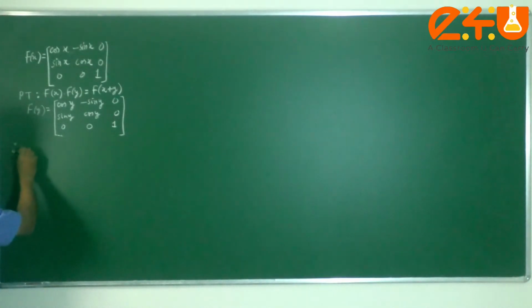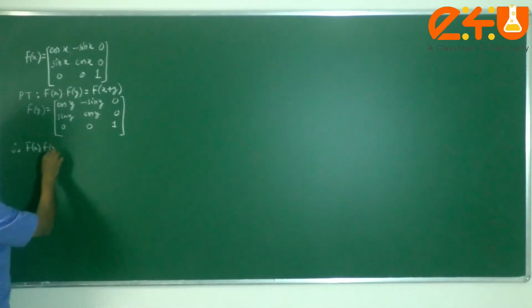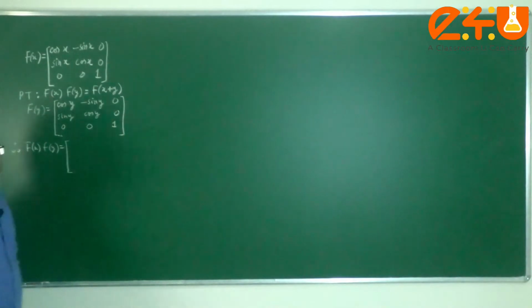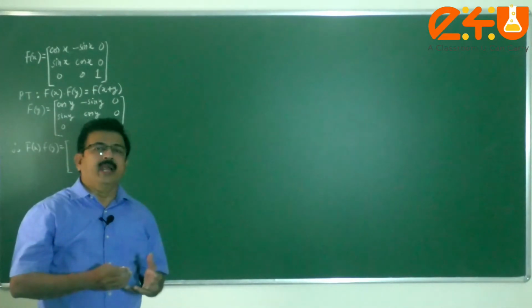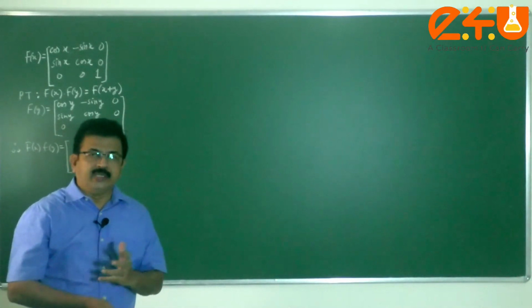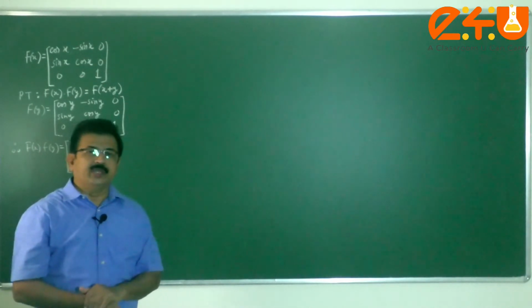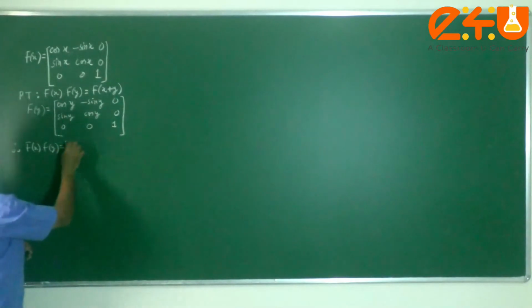So multiplying f of x and f of y together means multiplying two 3 by 3 matrices together. And when you multiply 3 by 3 matrices together, the result is also a 3 by 3 matrix. So let us go ahead.